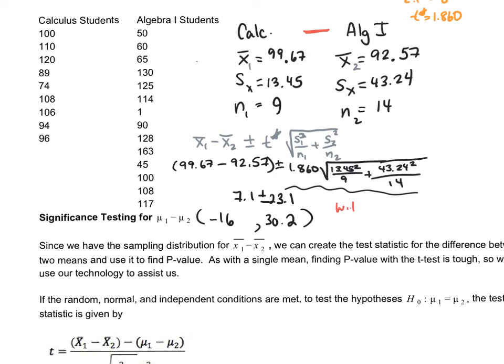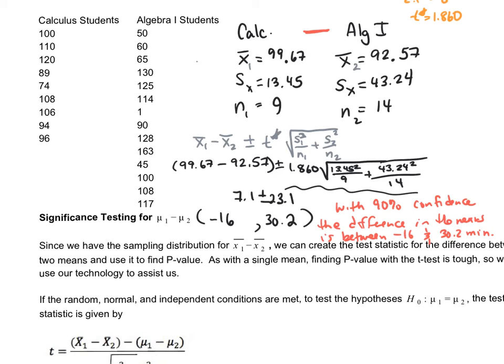All we could really say is with 90% confidence, the difference in the means is between negative 16 and 30.2, and in this case would be minutes, because this was all about how long it took to take this test.